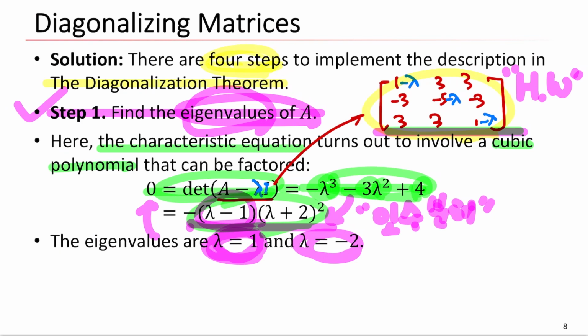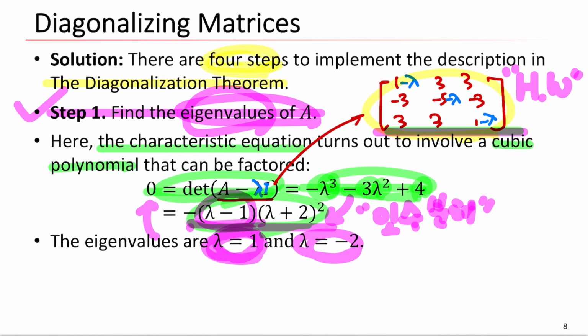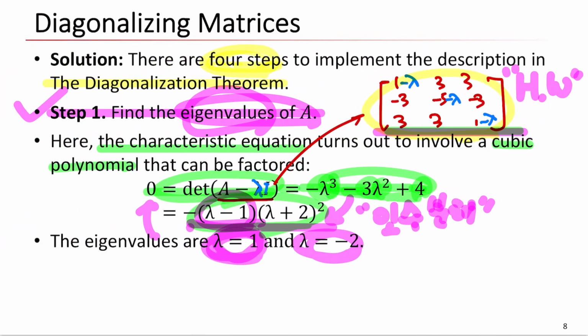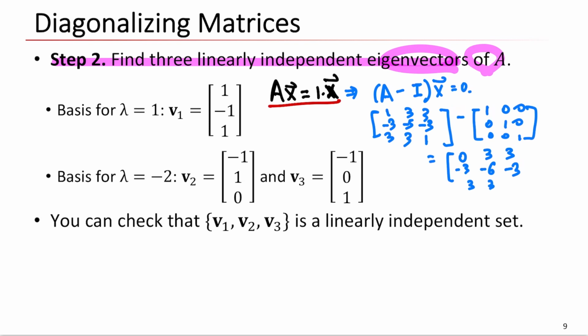What is A? 1, 3, 3, -3, -5, -3, 3, 3, 1, minus I, which gives 0, 3, 3, -3, -6, -3, 3, 3, 0, this, right?